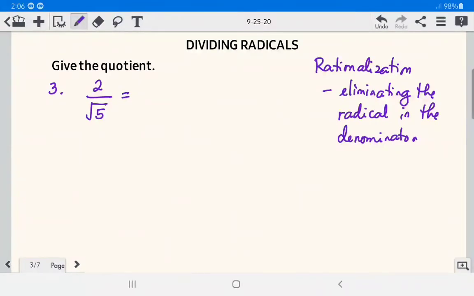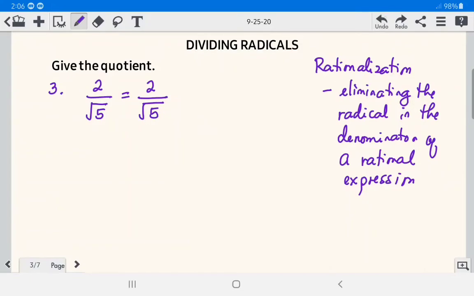Okay, so going back to our example, we have 2 over the square root of 5. So here you're going to think of a number that will make the denominator a perfect square.